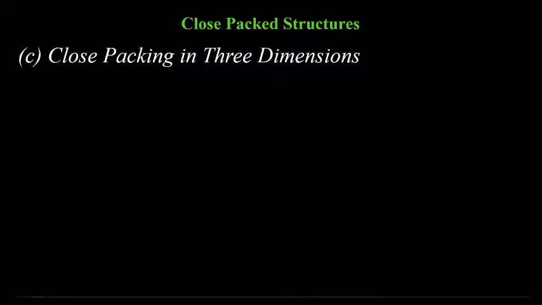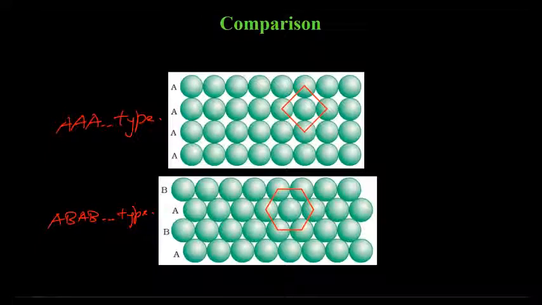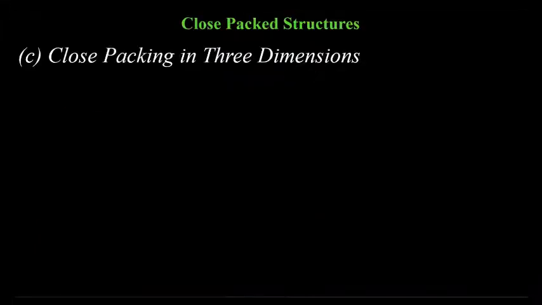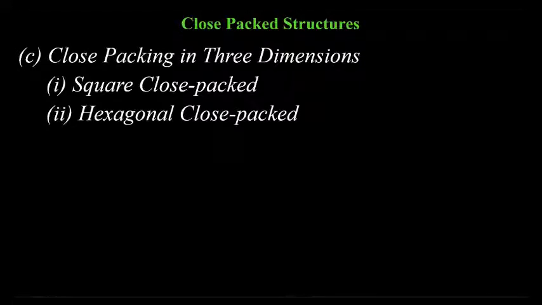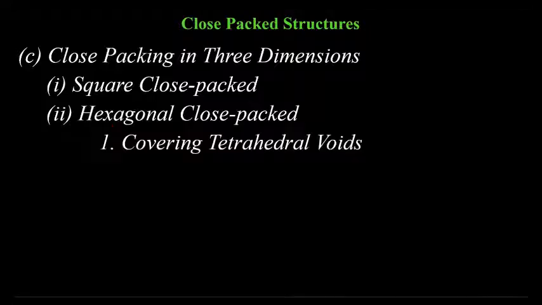Now, when we have understood the two-dimensional, close packing in three dimensions. And obviously, we will be using these layers now. Layers have been formed. First one is square closed pack, hexagonal closed pack. Within hexagonal closed pack, we will have covering tetrahedral voids. What are the voids and what are tetrahedral voids?